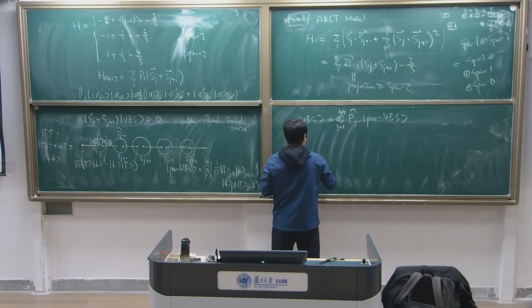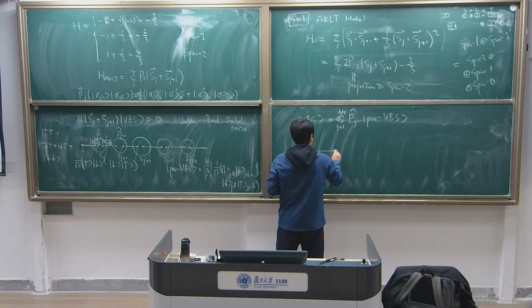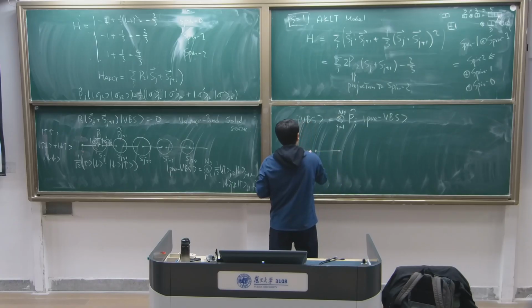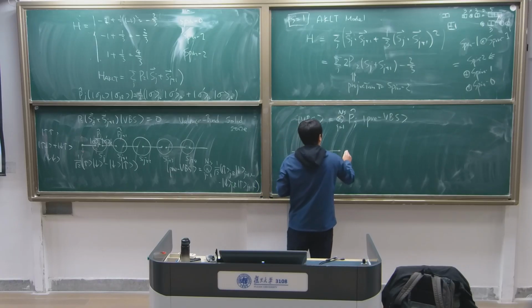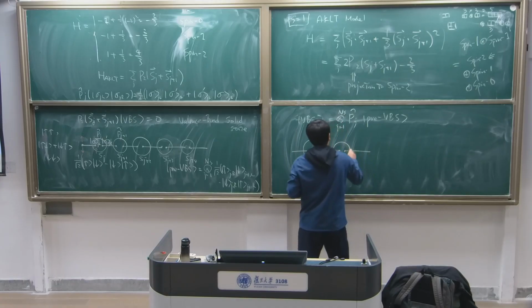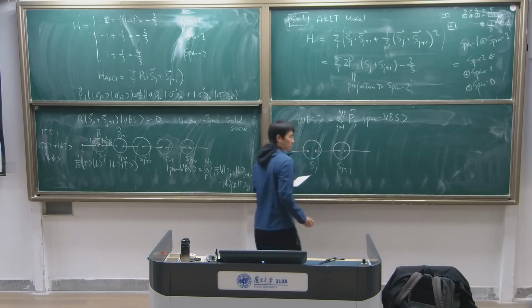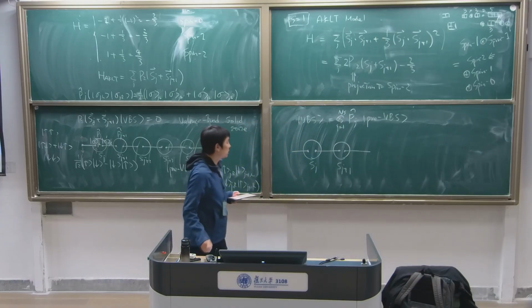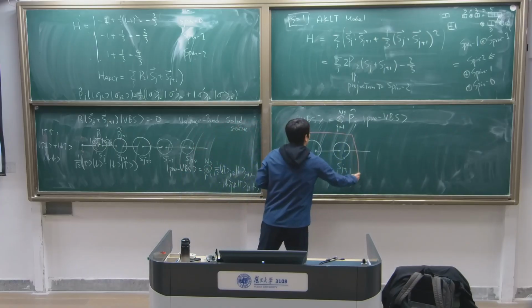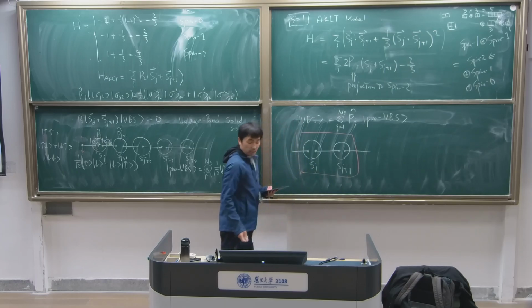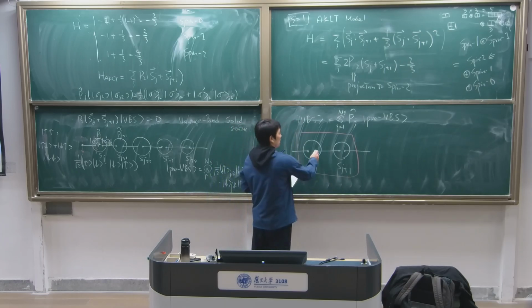And by construction, if you look at each adjacent site, so this is Sj and Sj plus 1, we only need this state in the spin 0 state.